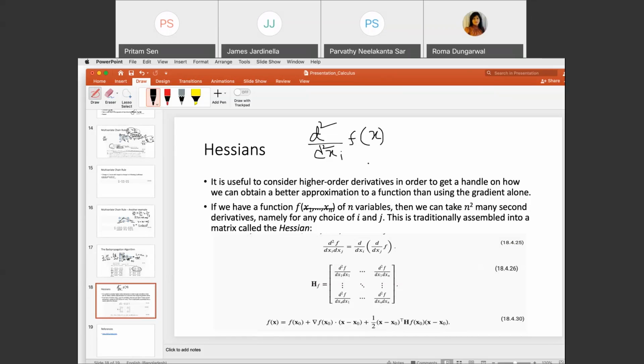And we can also combine two parameters. For example, first we differentiate with one parameter, then we differentiate the result with respect to a different parameter. So this is i and this is j.